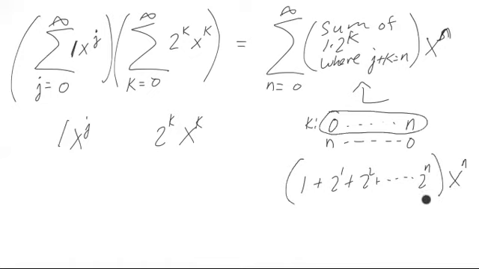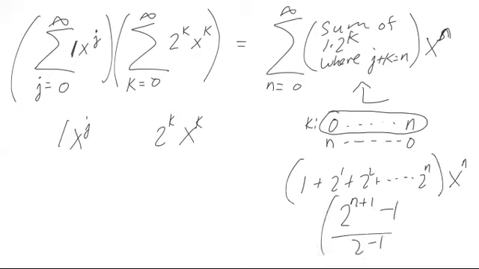Now, this is an interesting multiplication because we know what this is by our partial sums for a geometric series, because we're adding up so many terms of a geometric series. We have n plus 1 terms, and we're multiplying by 2, so it's 2 to the n plus 1 minus 1, divided by 2 minus 1.